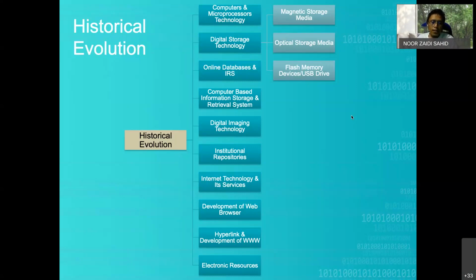Okay, next, computer-based information storage and retrieval system. Who mentioned this earlier? Computer-based store and retrieval system. Why computer-based? Because there are also manual systems for storage and retrieval.